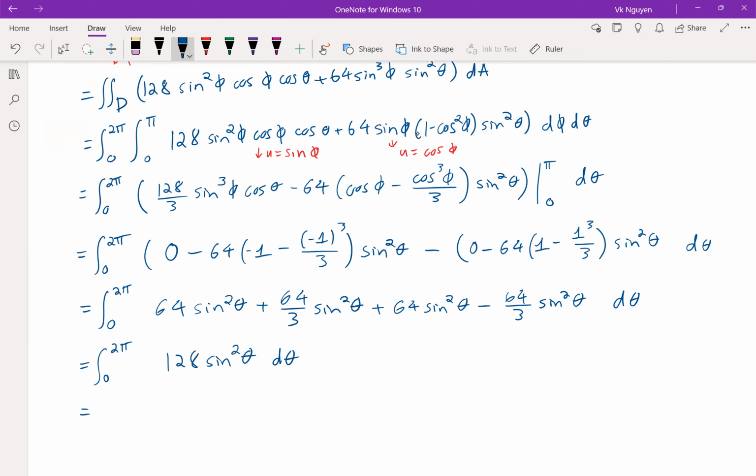Sine squared is, I remember, half of 1 minus cosine 2 theta.